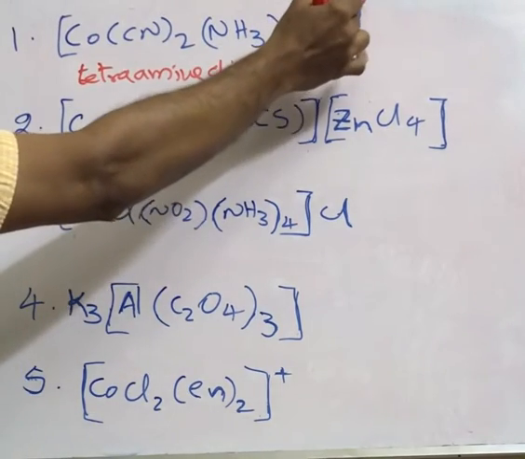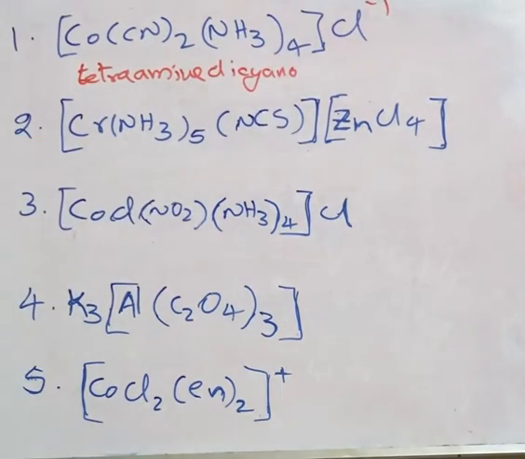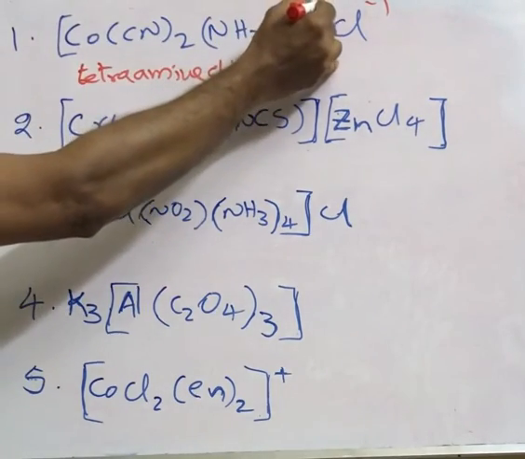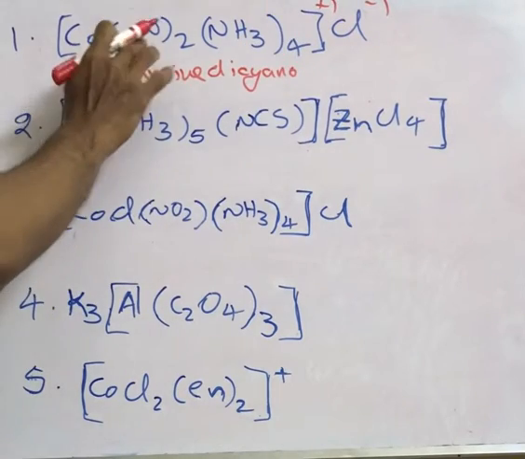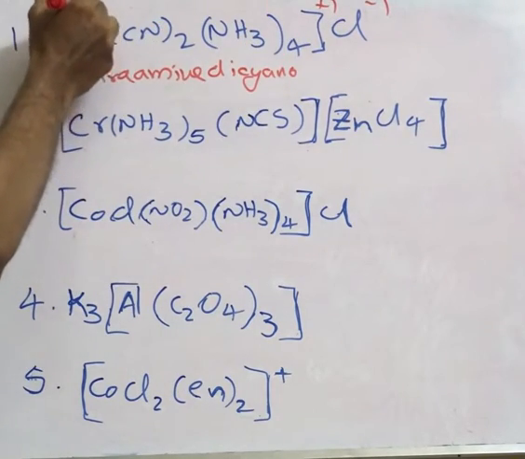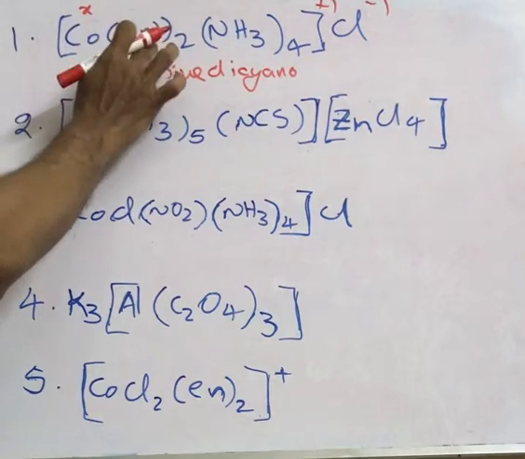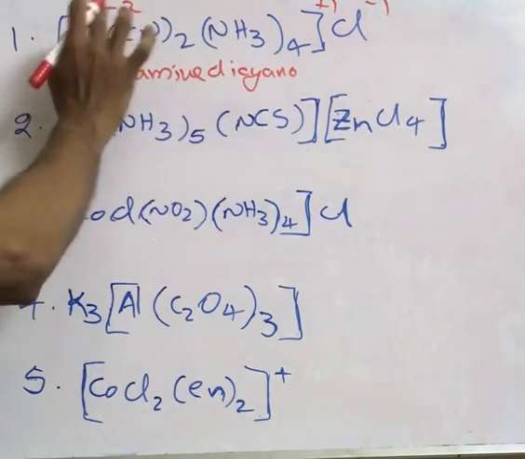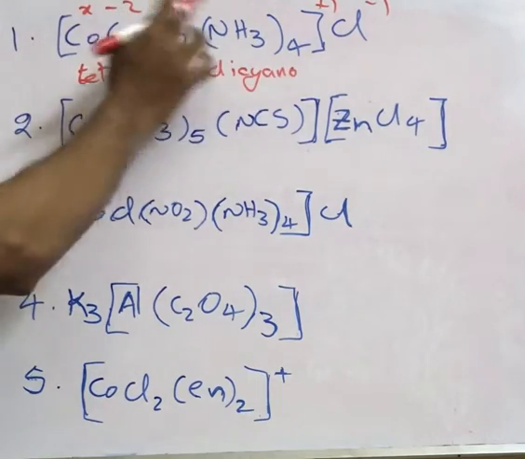First, Cl is -1, chloride. So this particular coordination entity becomes +1. Here cobalt is X, cyanide is -1 into 2, -2, and amine is 0, neutral. So X minus 2 equals +1, X equals +3.